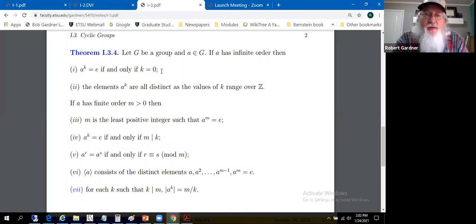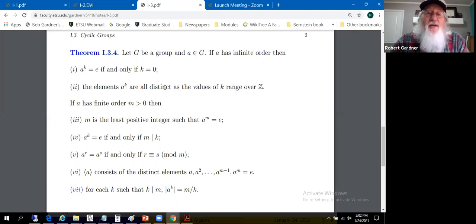That's notation, really. K not equal to 0 really is a claim that's made here in the event that A is infinite order. So the only time we get the identity out in an infinite order element is when we take the exponent to be 0. The elements A to the K are distinct for all values of K as it ranges over the integers.